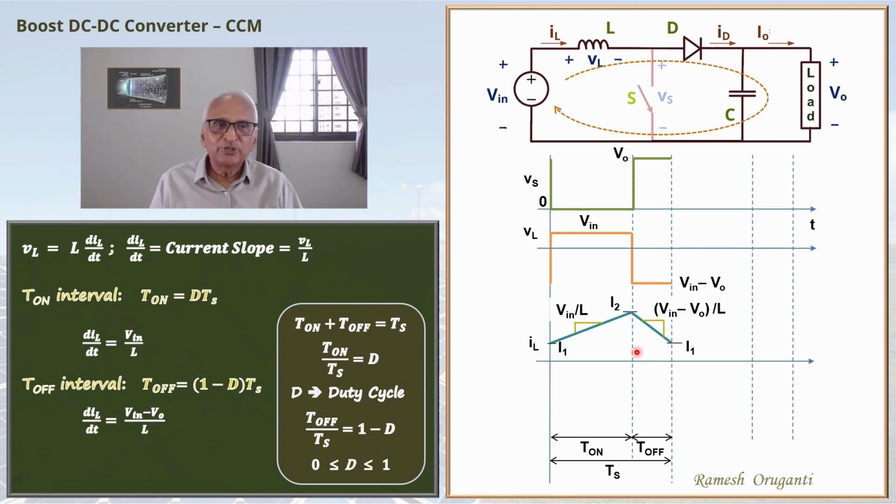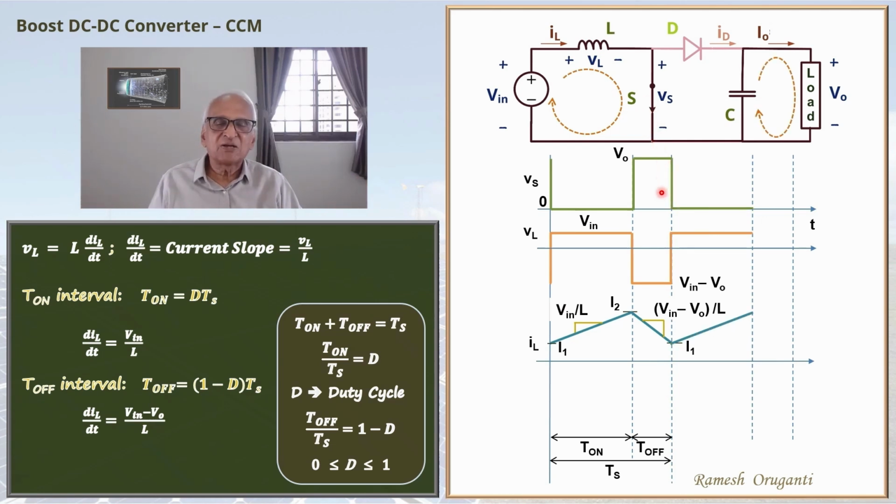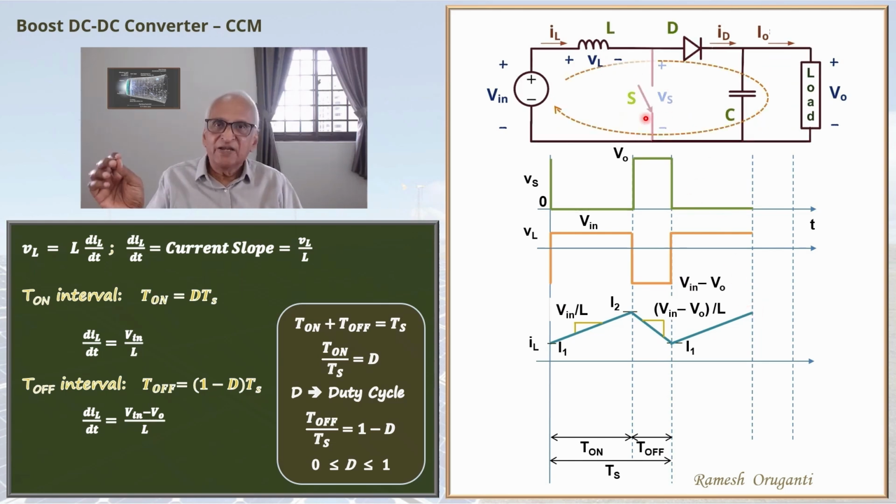So to go through that again, when the switch is on, the circuit splits into two parts. The diode is reverse biased. The voltage of Vin is applied to the inductor, and the current builds up at the rate of Vin by L from I1 to I2. And when the switch is off, the inductor current falls. The induced voltage is in the opposite polarity.